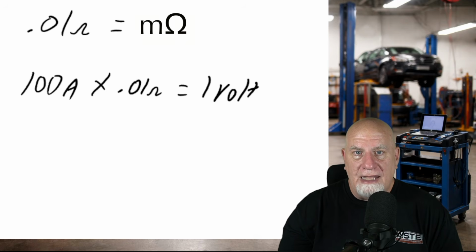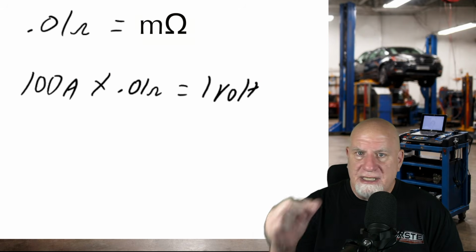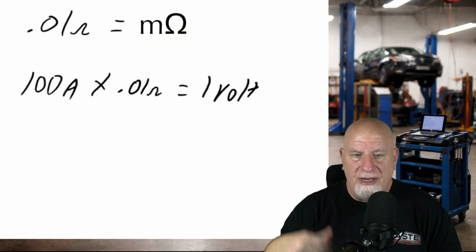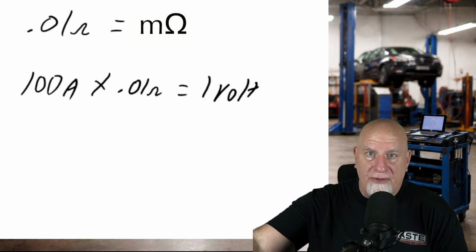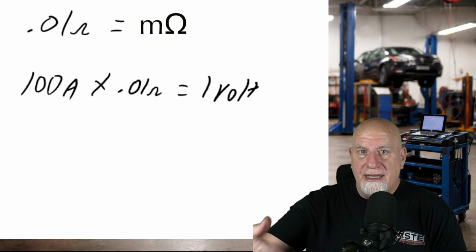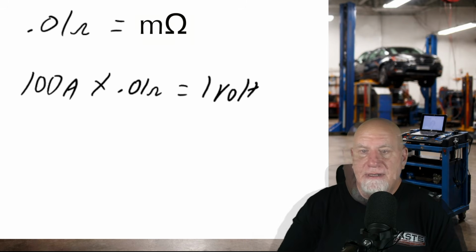Because if they're not torqued properly, or just the grease from your fingers can give enough resistance that will create a drop of voltage and create heat that can cause a fire in those systems.